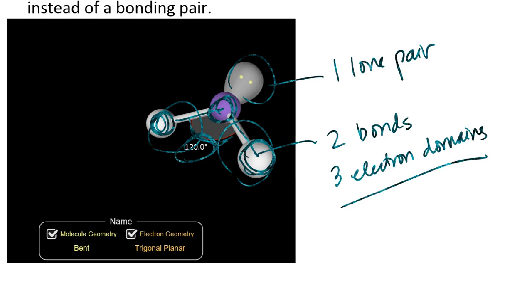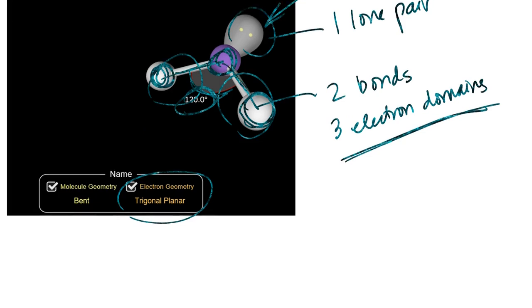Even though the electron geometry is still trigonal planar because of the 3 electron domains, we don't refer to the geometry of this particular molecule as trigonal planar because I don't have an atom bonded at this site. Basically, that's still a lone pair. And so if I just follow what the molecule looks like based on where atoms are located and not lone pairs, then basically I see that the shape looks just sort of like a bent line. And so for that reason, even though the electron domain geometry is trigonal planar, the molecular geometry is considered to be bent because it looks like a bent line.